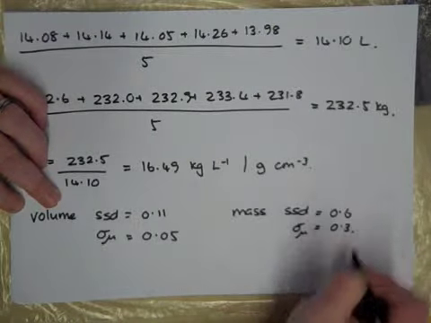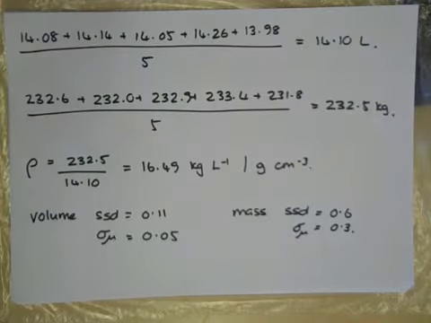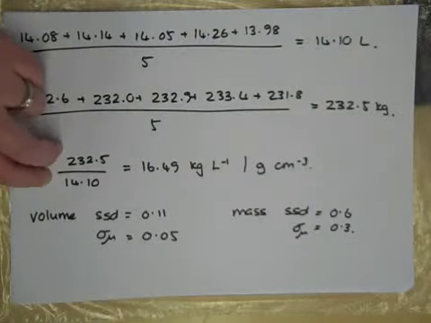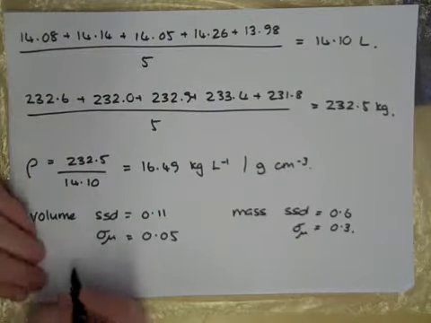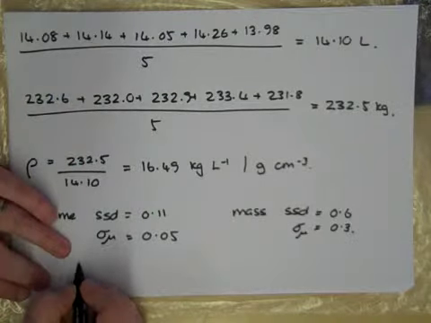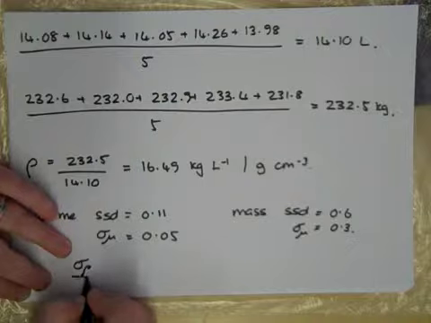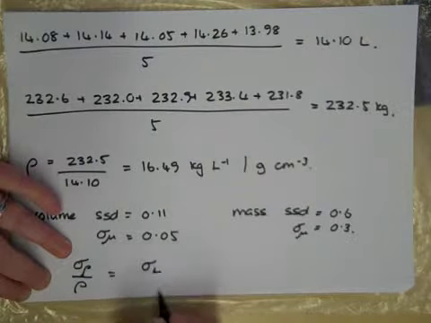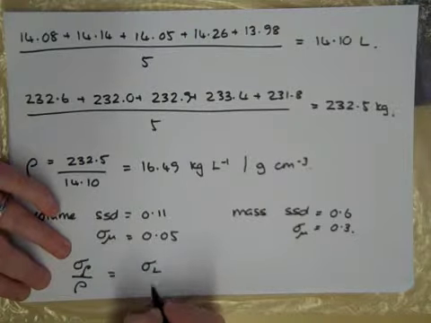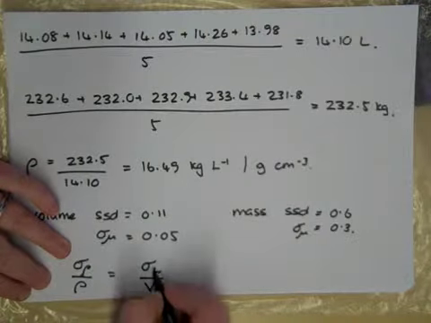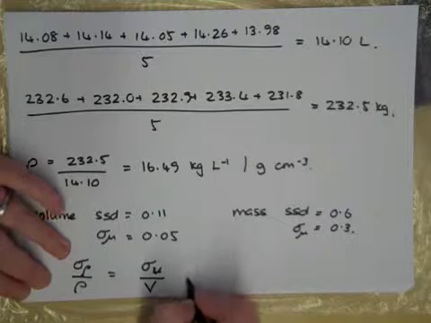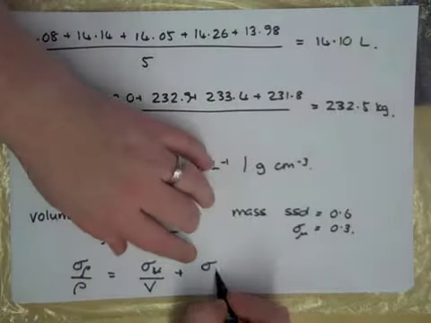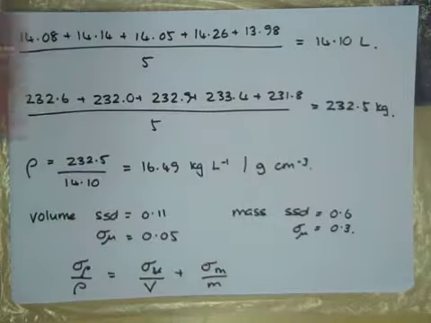In this case, we have 2 values which have been multiplied or divided together, and so we're going to combine the errors. The error in my density divided by my density is equal to the error in my volume divided by my volume, sorry, that's a bit of a sideways V, plus the error in my mass divided by my mass.